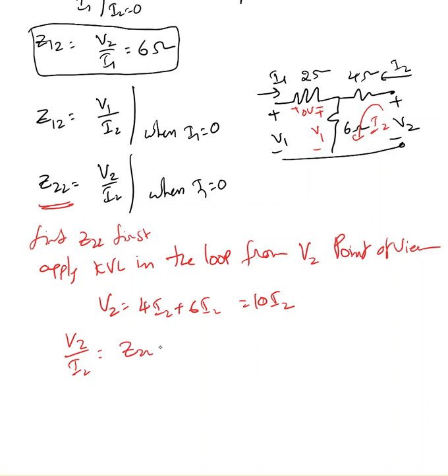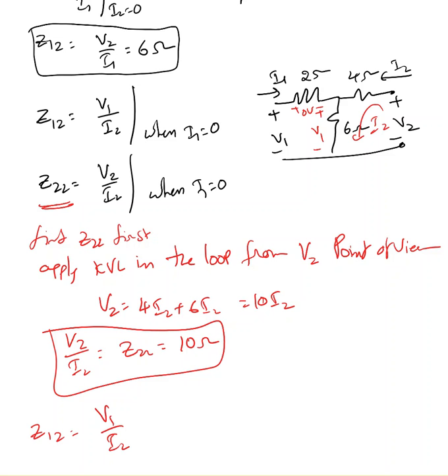This is Z22, which is 10 ohm in this case. That's my Z22. Now what is Z12? Z12 is nothing but V1 over I2. If you look at the circuit, I can say V1 equal to 6 times I2. So V1 over I2 is going to be 6 ohm.